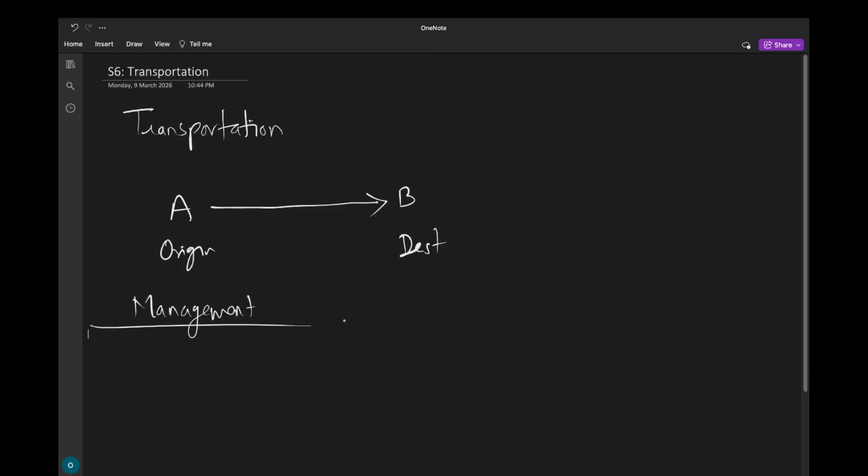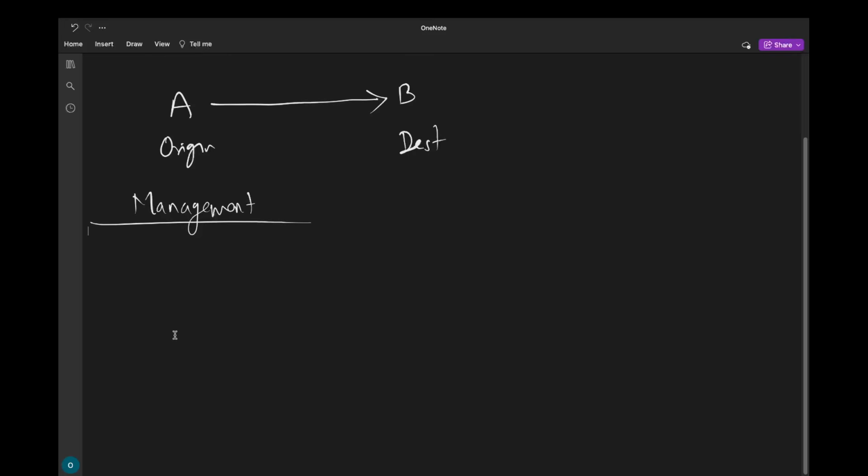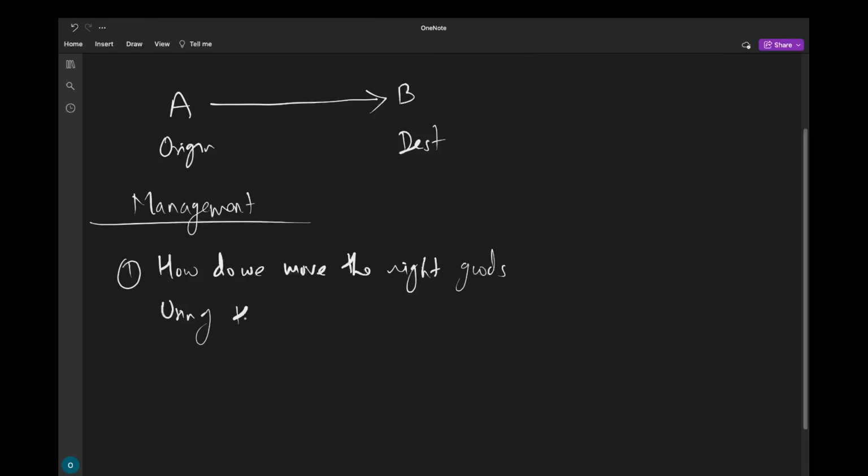So we have various key questions here. The first thing, how do we move the right goods using the right mode via the right route?